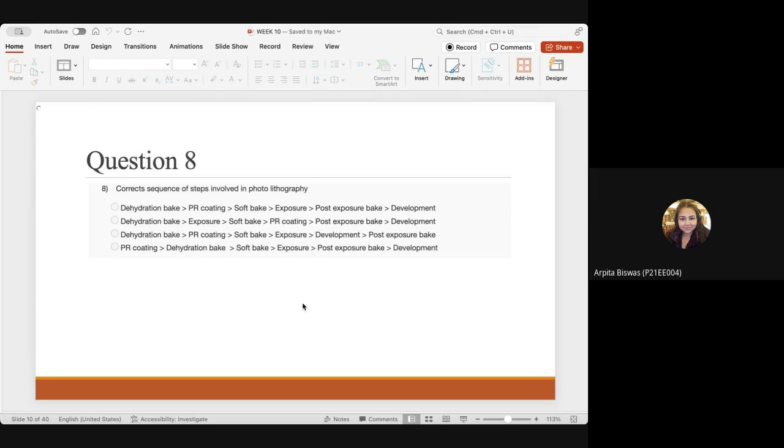So how are they following the steps? The right option is option A: dehydration bake, then PR coating, soft bake.